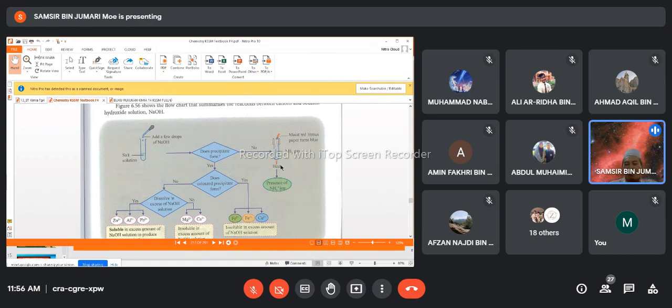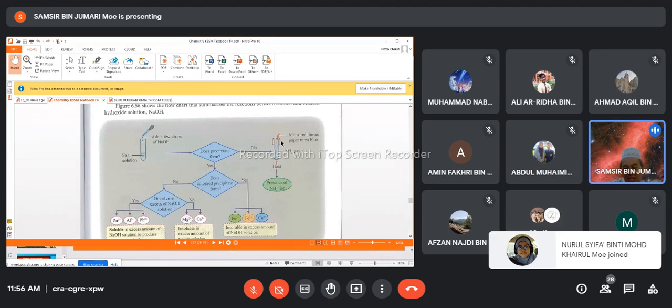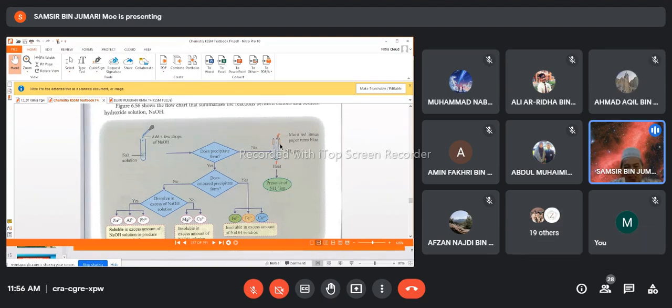Kalau ada gas amonia, okey, maka wasap putih tebal akan terbentuk when it reacts with concentrated hydrochloric acid. So for concentrated hydrochloric acid, we just put the glass rod into the concentrated hydrochloric acid and then put it at the mouth of the test tube.